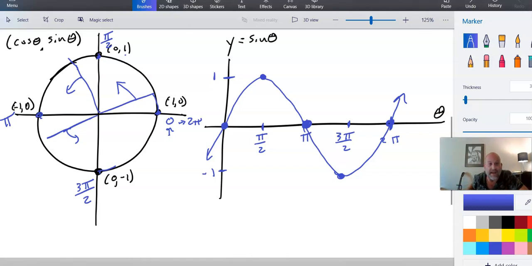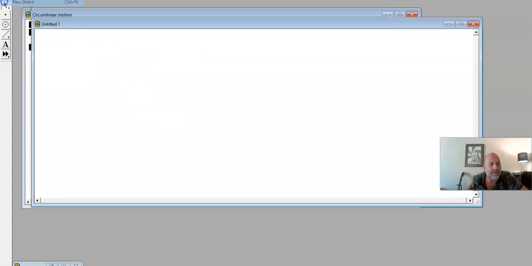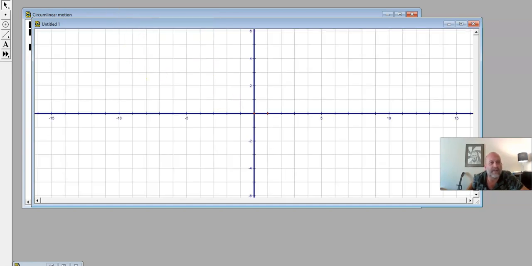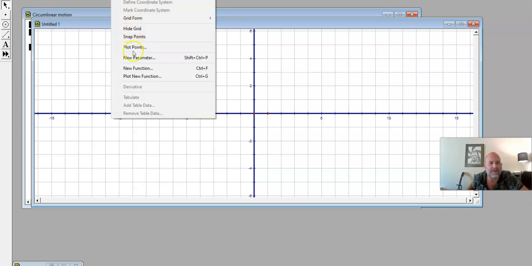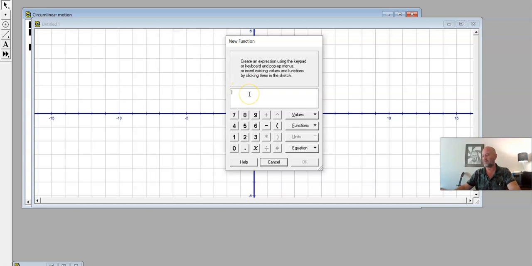As a matter of fact, let me just do this real quick. Let's open a new sketch. There we go. So there's my grid. Let's plot a new function, and let's just make the function sine x.